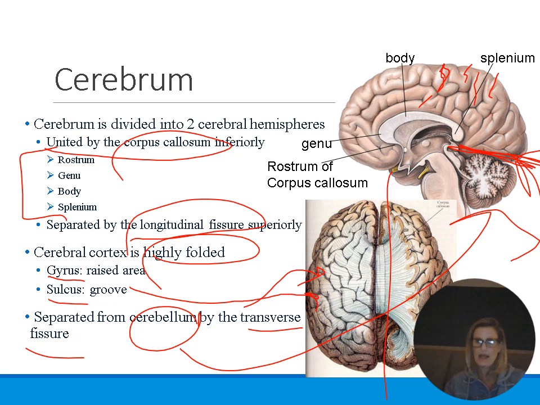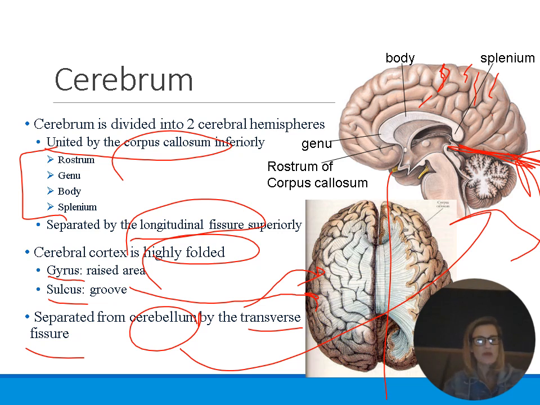Particularly important is language. Language skills are very commonly dominant on one side or the other. The talking hemisphere, the one that controls language, is the dominant hemisphere. This is usually a function of the left cerebral hemisphere.